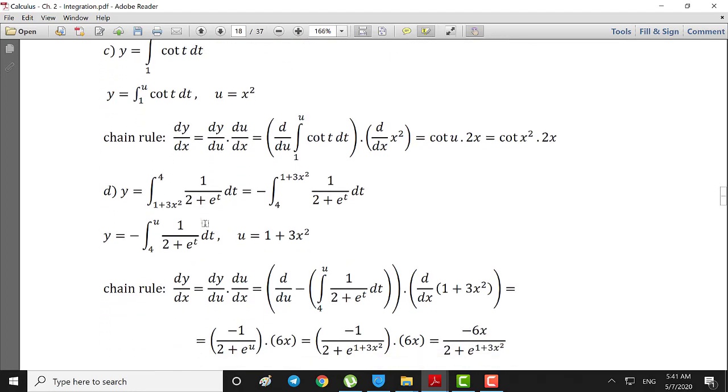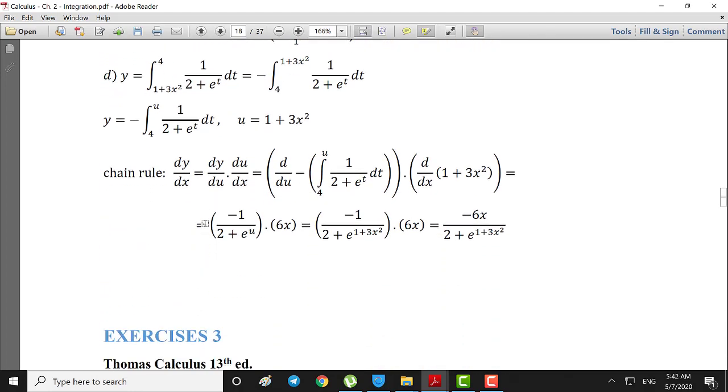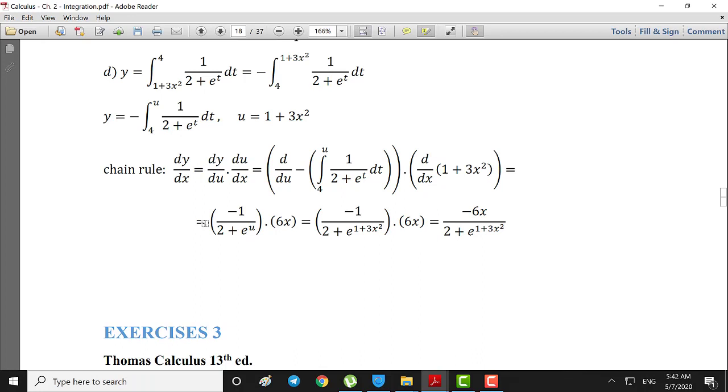Now, let us move on to the fourth part of this example. Part D says y is equal to integration from 1 plus 3x² to 4 of 1 over 2 plus e to the t dt.